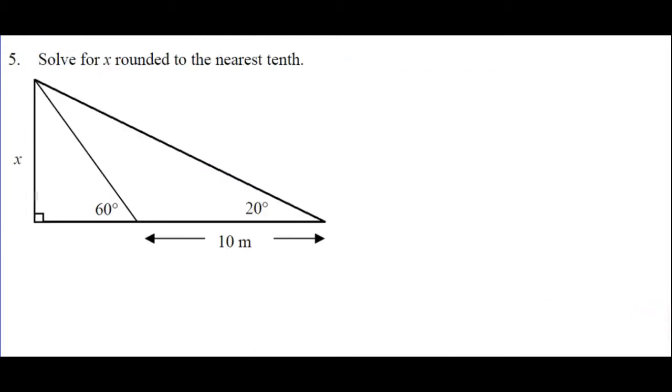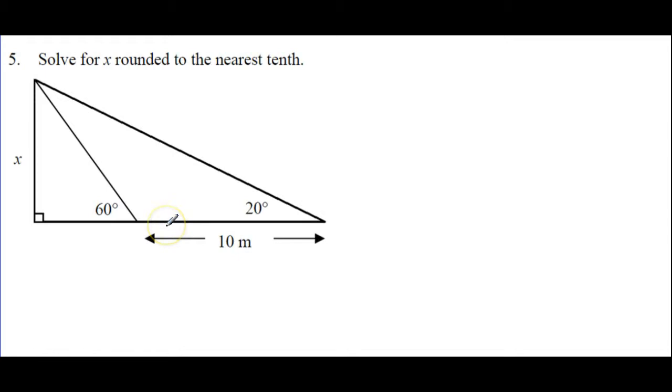What's next? Solve for x, rounded to the nearest tenth. So you might think back, and I think we did questions like this, and they were kind of complicated when you don't have the sine law, right? You would have had to call this something, and call that y, and this is 10 plus y, and figure stuff out and all of that.